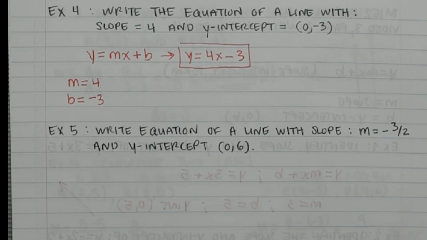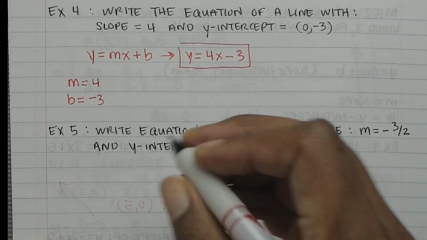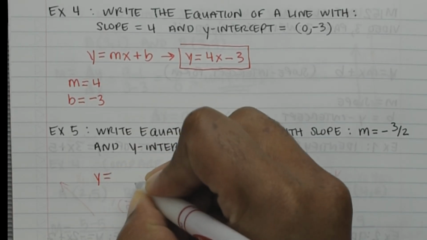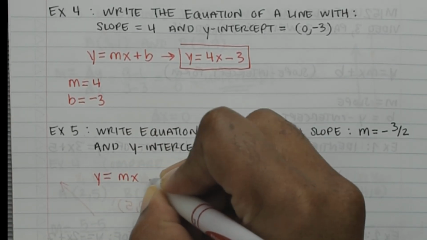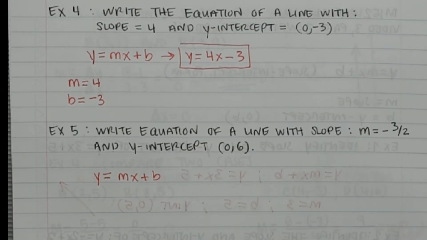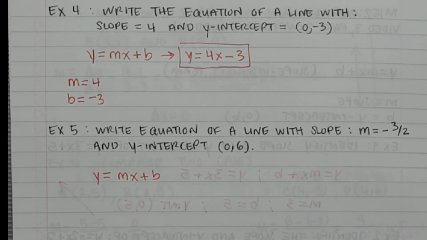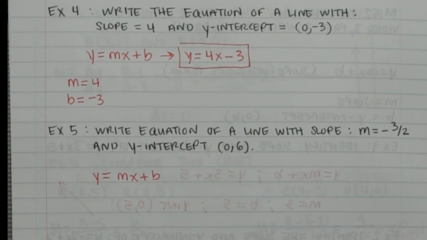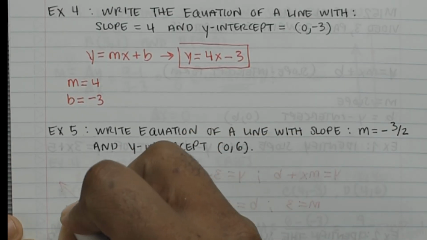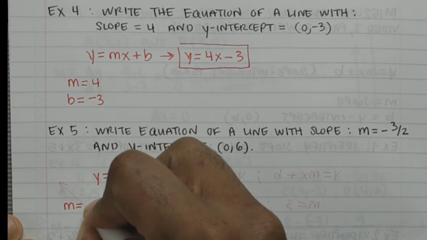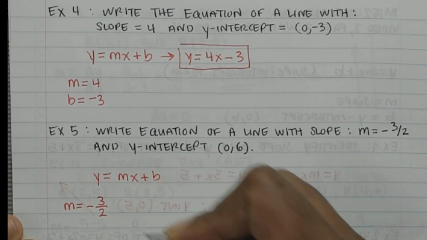Example number 5. Write the equation of a line with slope m equals -3/2 and y-intercept of (0, 6). So again, I want to write y equals mx plus b, slope-intercept form. And I want to substitute the information that I have. We have the slope, we're told, is -3/2.